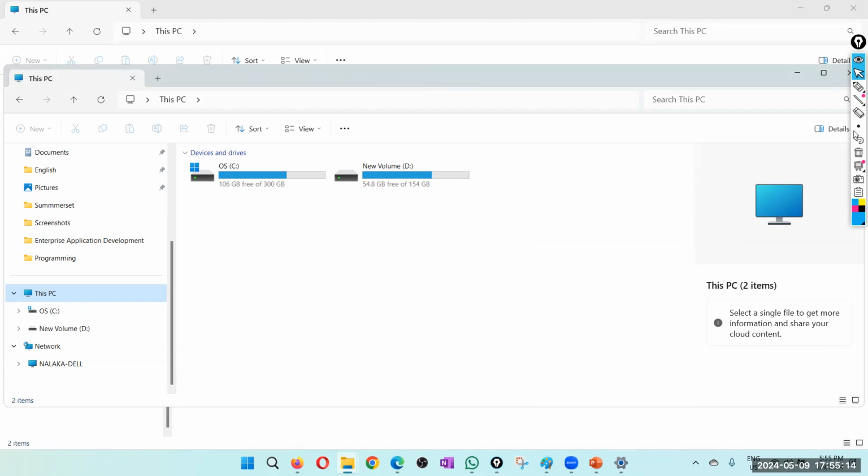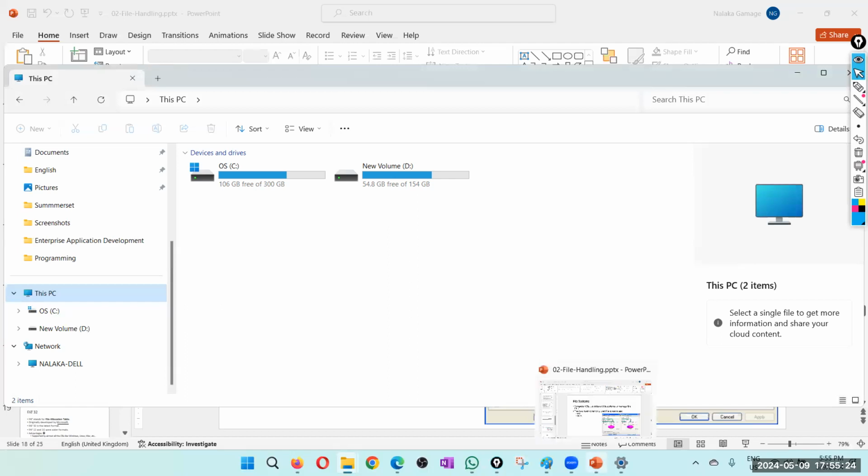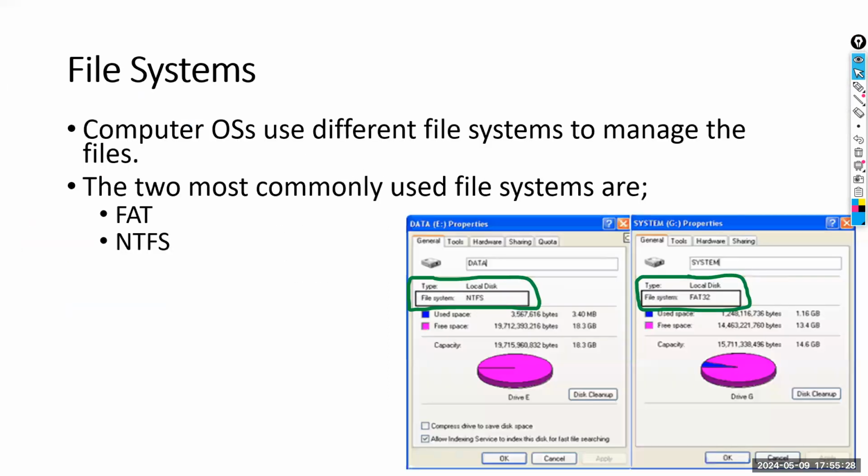But if it is FAT32, my Linux operating system can read and write. So that is called file systems. It is something we need to specify at formatting.